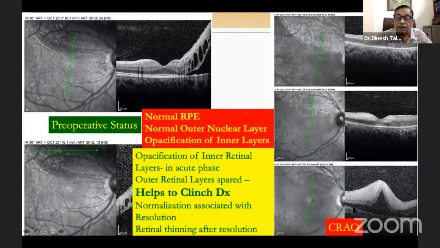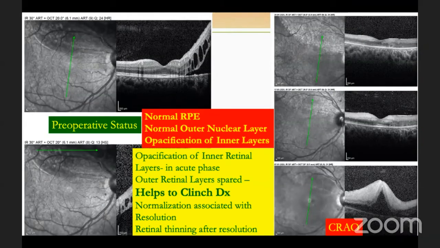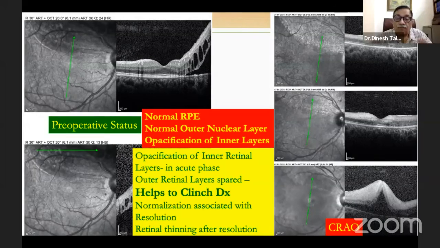The inner retinal layers are opacified. The outer retinal layers are spared. This is a classic picture of a CRAO. Or if it was a BRAO, it will be only on one side, maybe the superior or the inferior, and not the entire retina.